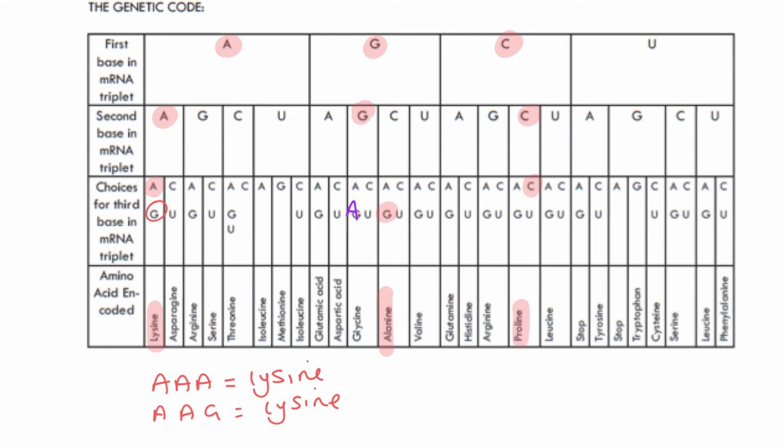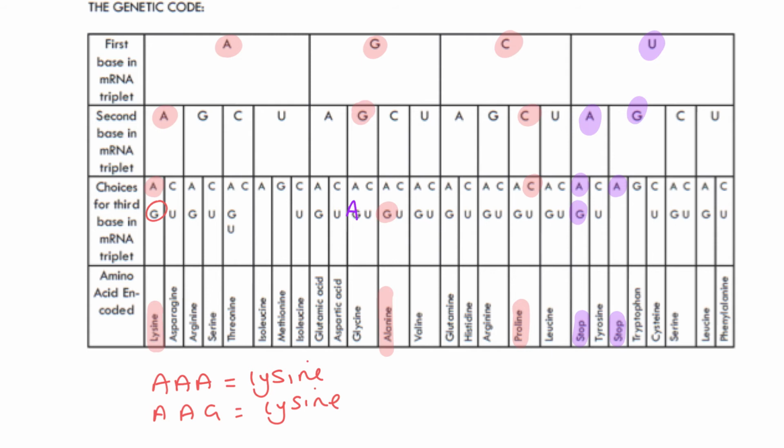You can also see that some of the codons don't code for amino acids. Can you see here you've got a stop codon and another stop codon here? If you had UAA or UAG, or you had UGA, this wouldn't code for an amino acid. It would just denote the end of the mRNA chain.